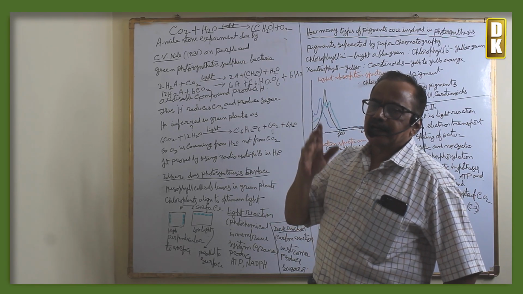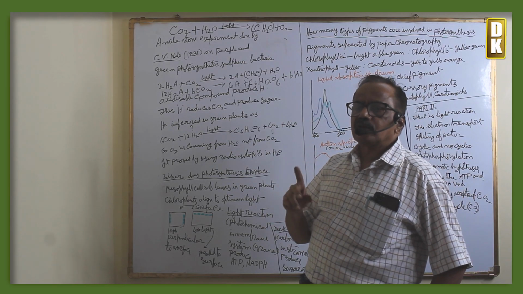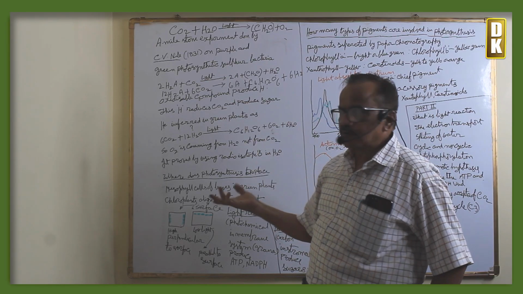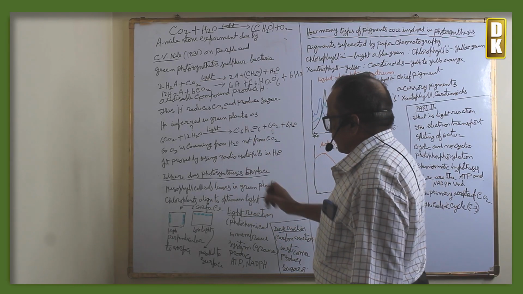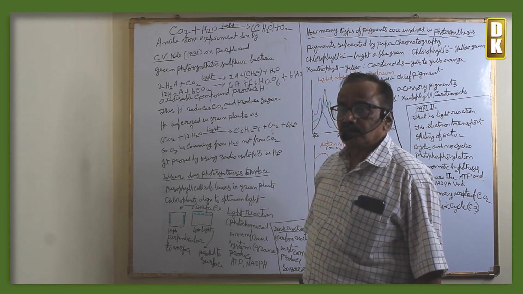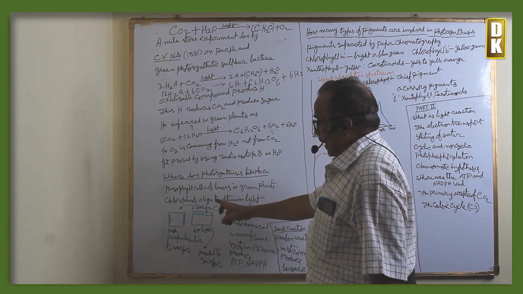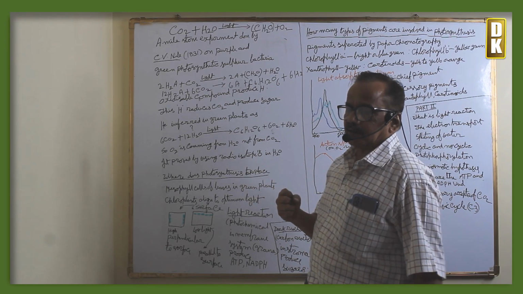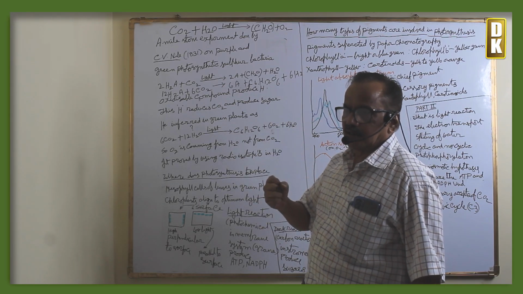So any green part in the plant will have the chloroplast, but the maximum will be in the leaves, that is, the mesophyll cells. So he asked one more question, that is align. Align means arrange, means how they will be aligned. They will be at a particular place.